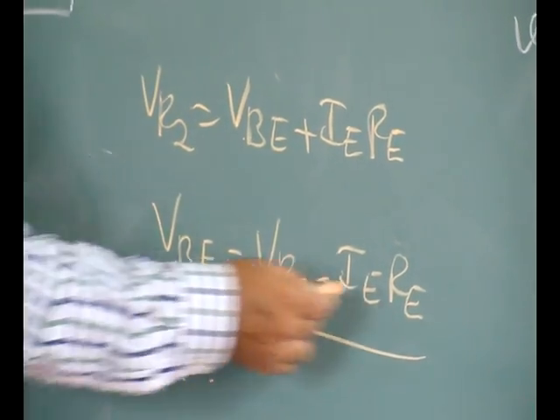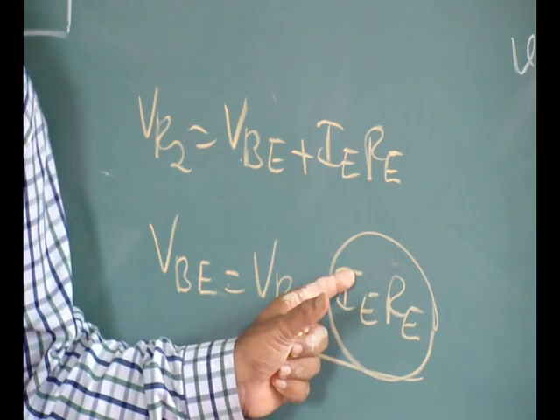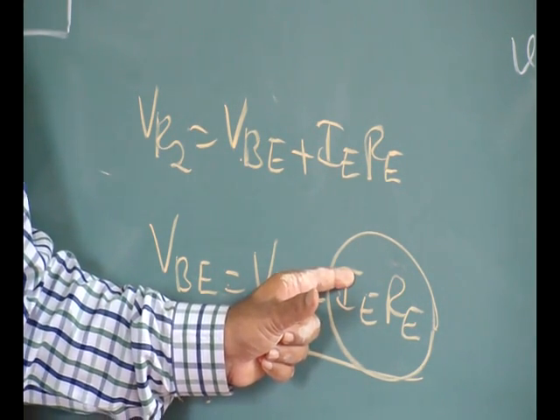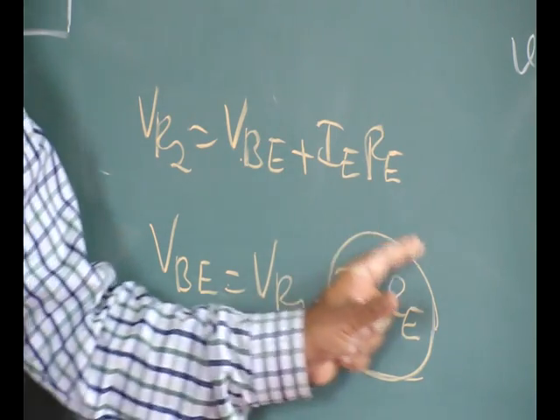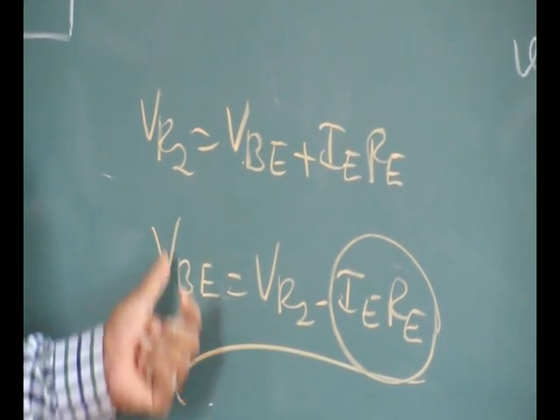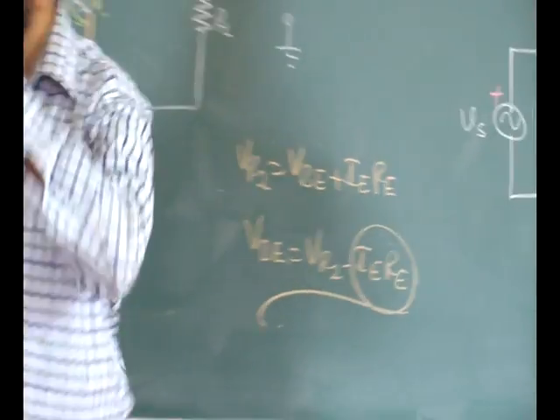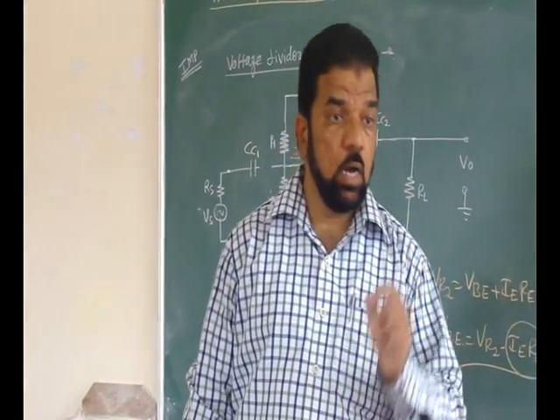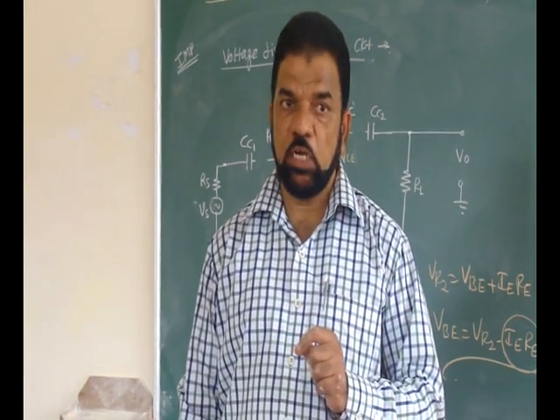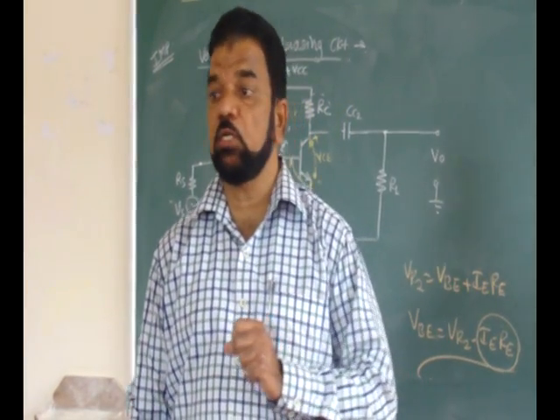So the voltage drop across RE changes with change in temperature. If the temperature is higher, this term is more. If this term is more, VB is less. If VB is less, IB is less. And if IB is less, the corresponding IC is less. Means RE is providing stabilization. That's why RE is called the emitter stabilizing resistor.